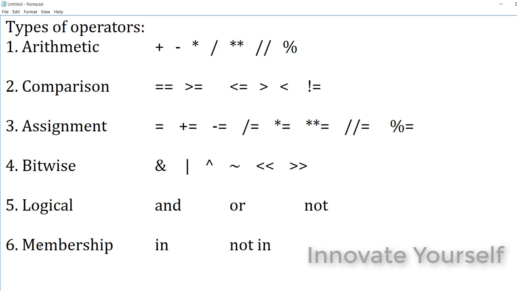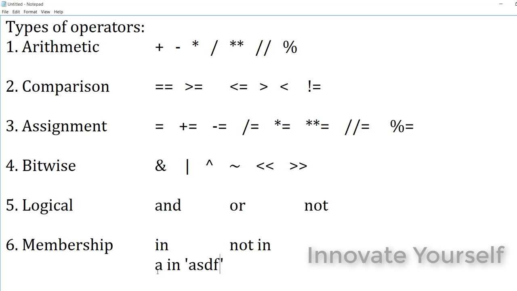The next one is the membership operators. Generally, there are two types of membership operators. The first one is in and the second is not in. This is generally used when I am checking something, let's see it with some example. Like I want to check that A is in the string ASDF, something like that.